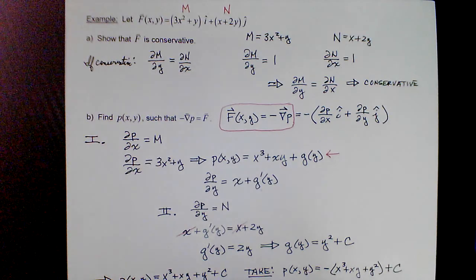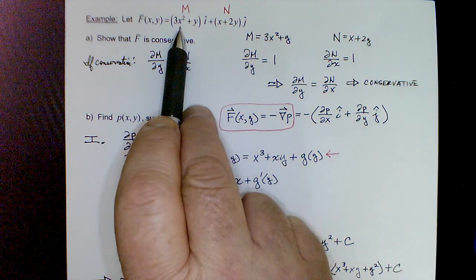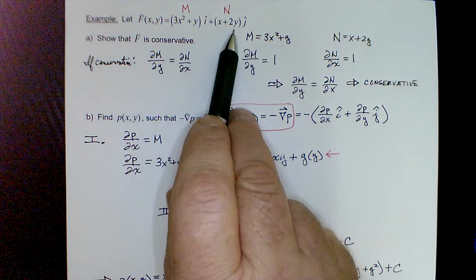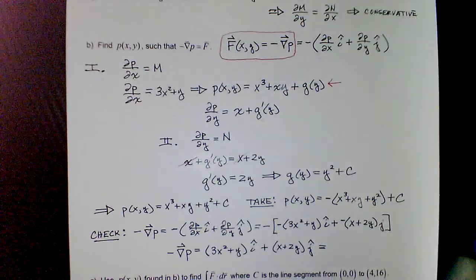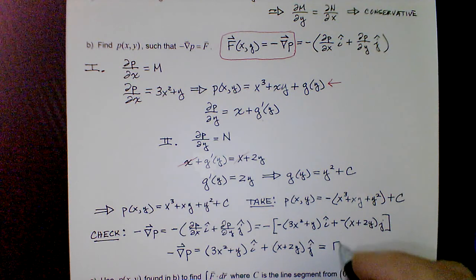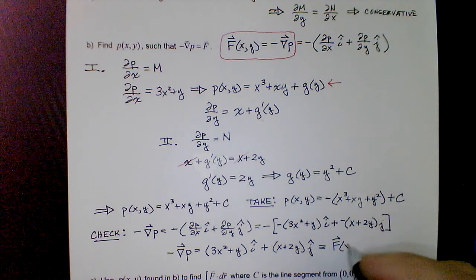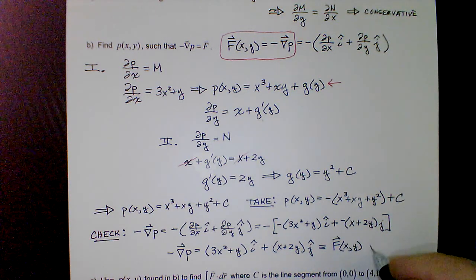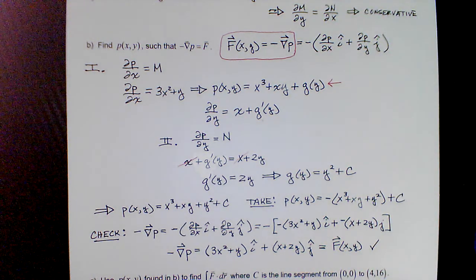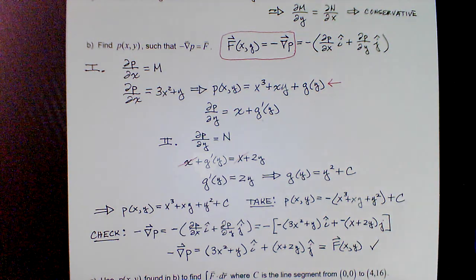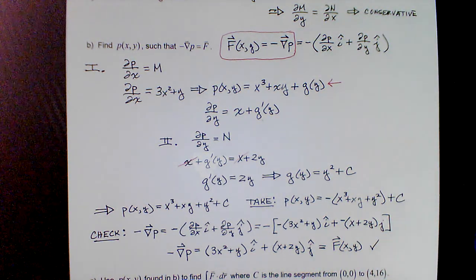Up here, F of x, y, there's your 3x squared plus y i, x plus 2y j, and so this is F of x, y. So we basically verified that the function we found is in fact true.